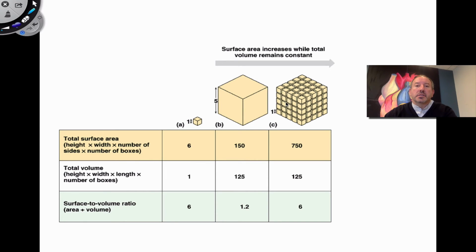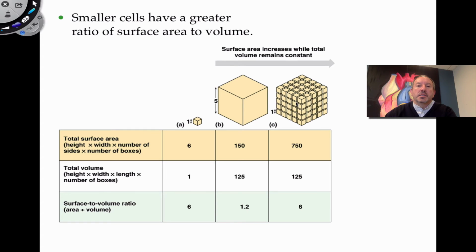So there it is. The surface area increases while the volume remains constant. If you divide it up, this way there's more surface area between the sides, if you can see that. Oxygen's able to get into all these crevices. And so smaller cells have a greater surface area to volume ratio.